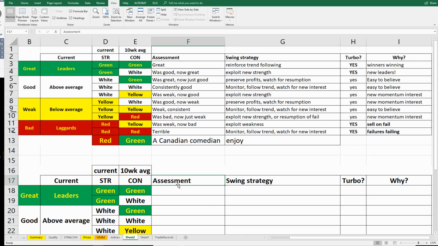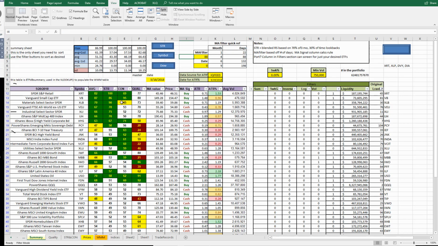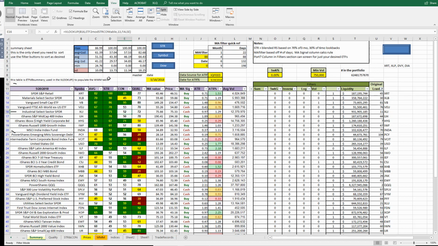Okay, so when we look at the summary report, and I sort it, let's say, by strength, you note what I look at is these two columns here, the strength and the consistency column.